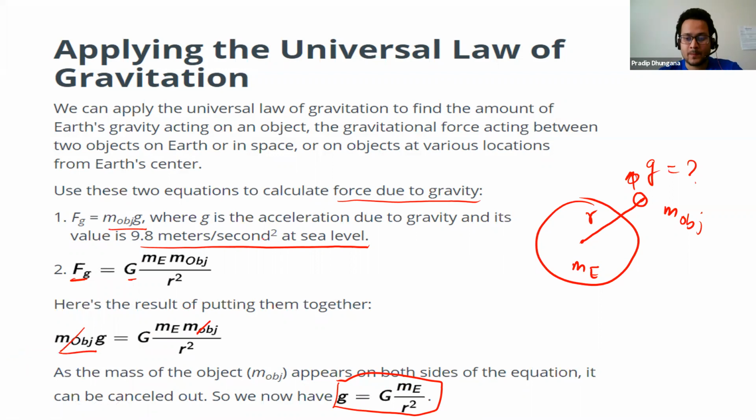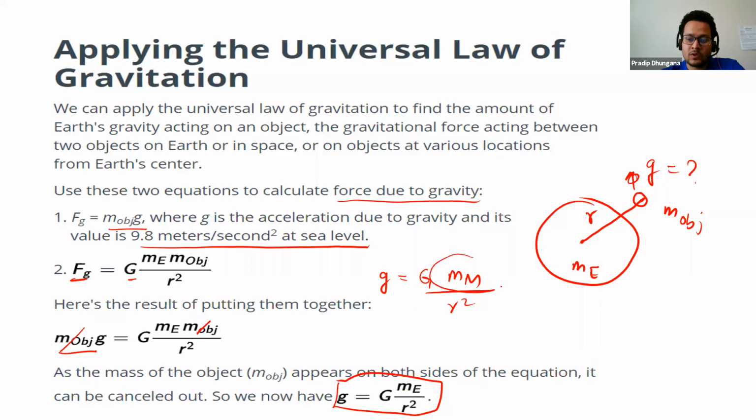This acceleration of gravity is for the mass of the Earth. If we are calculating the acceleration of gravity for any other celestial object, for example the moon, then we'll replace the mass of Earth with the mass of the moon over r squared.